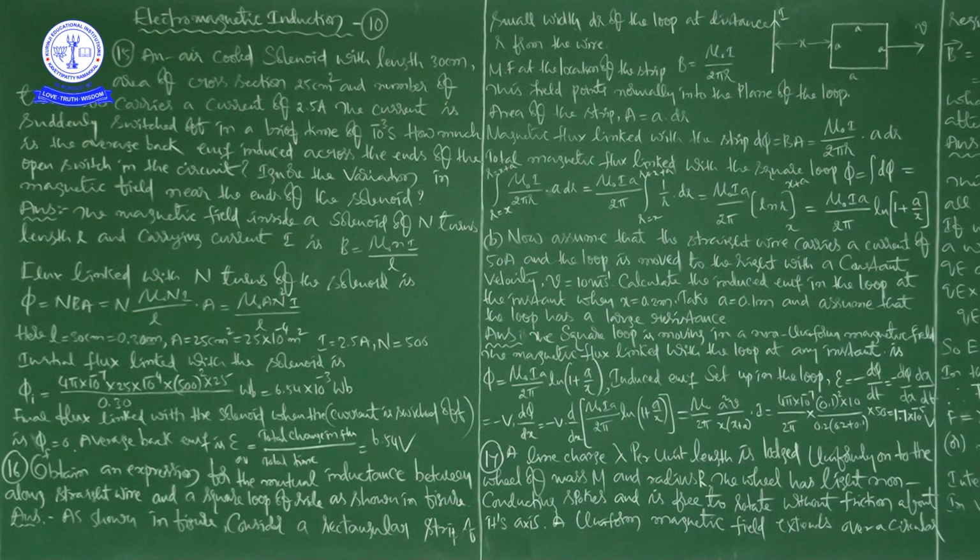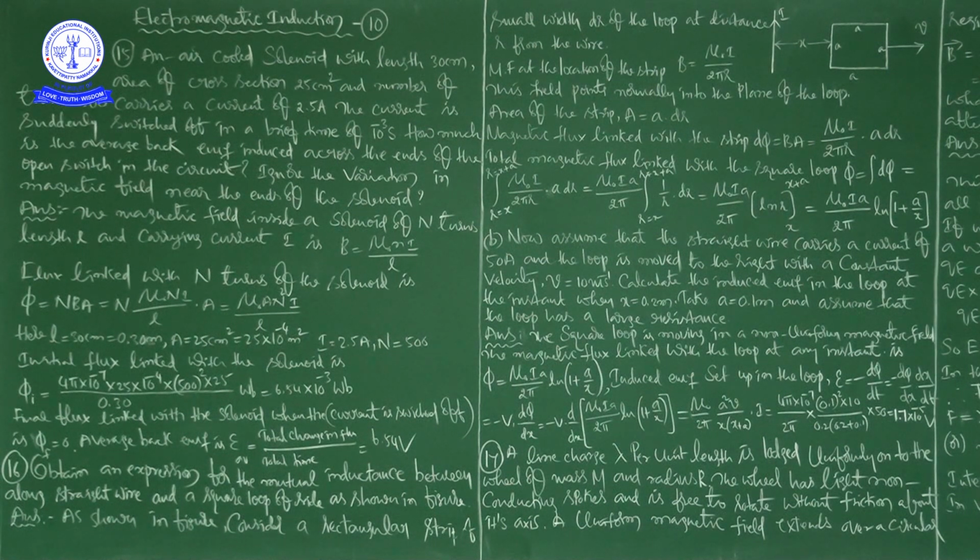Please try to understand the question. An air-cored solenoid with length, and the area of cross section, so these two are the quantities related to the solenoid. This is the length, this is the area of cross section, and the number of turns also. The current passing through the solenoid is 2.5 amps.